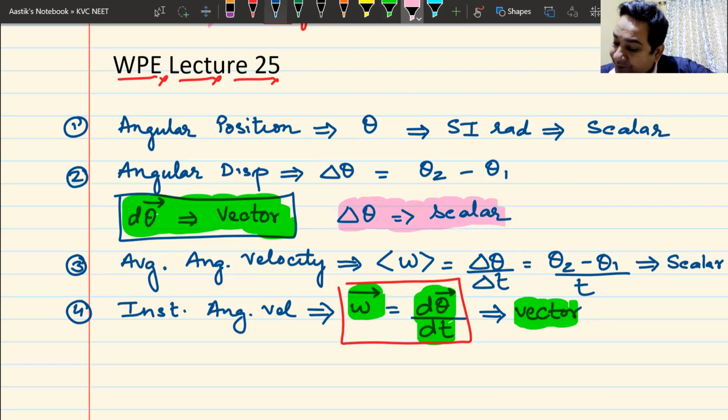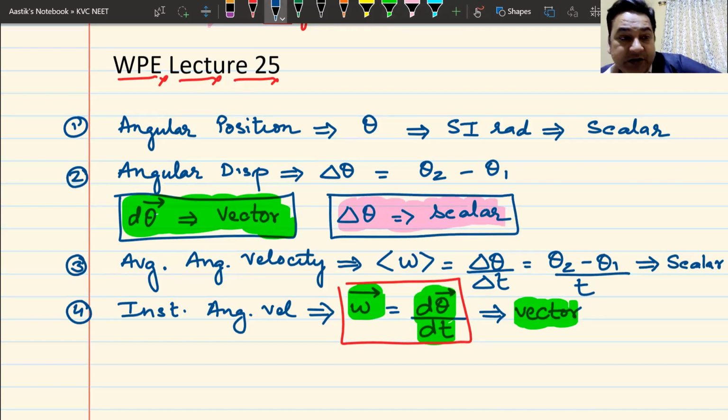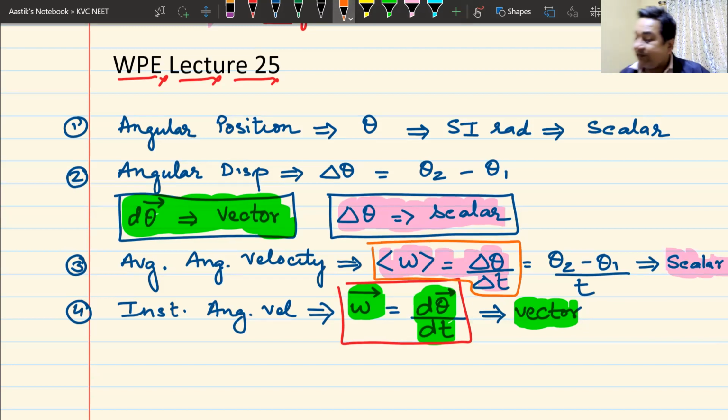Because a large change in angular displacement is a scalar, and hence we have this one as a scalar. Can I have some raised hand that we understand the reason of both being scalar and vector? Okay.